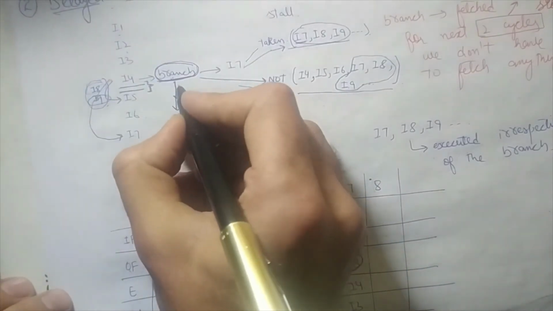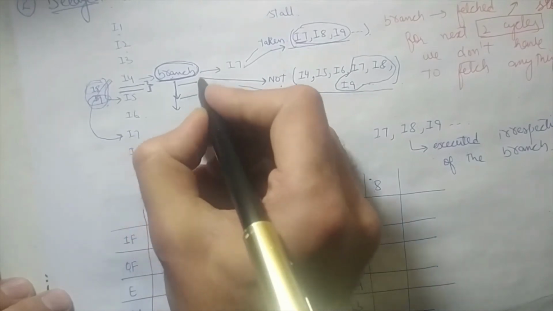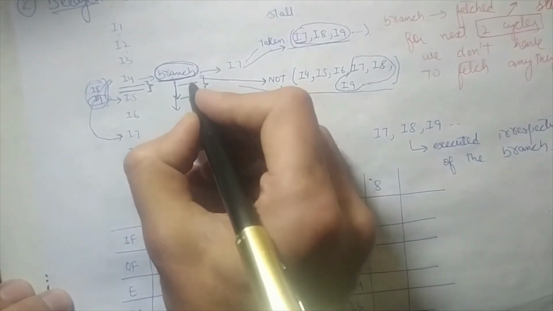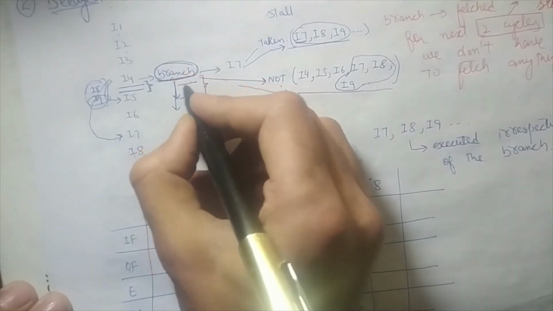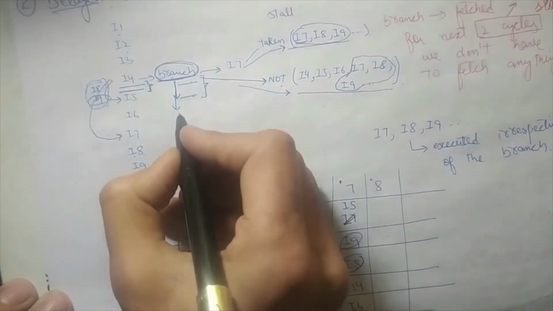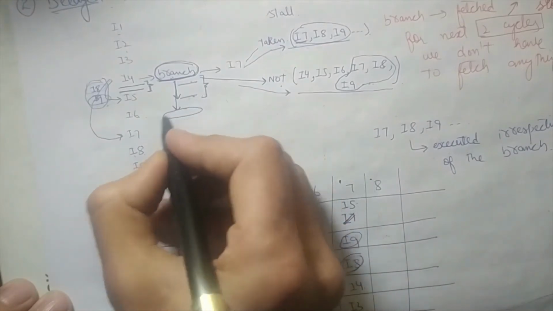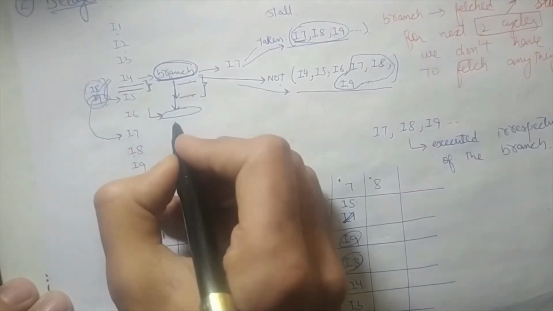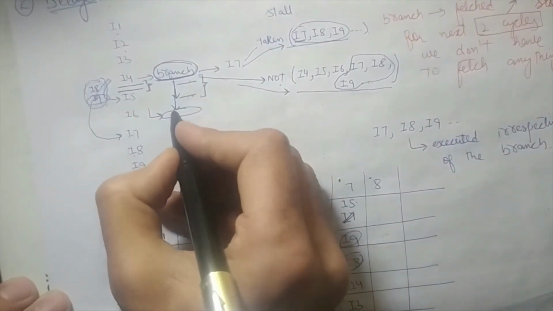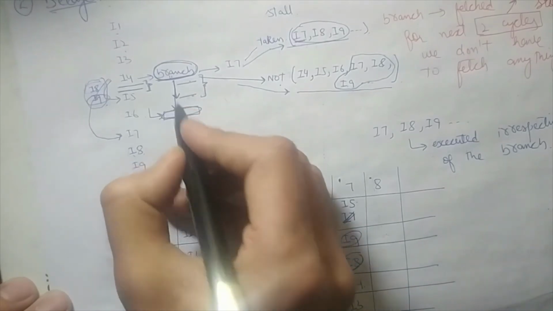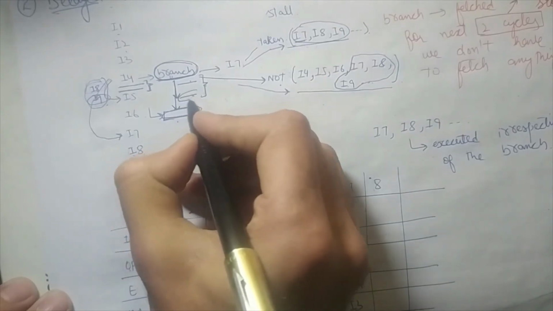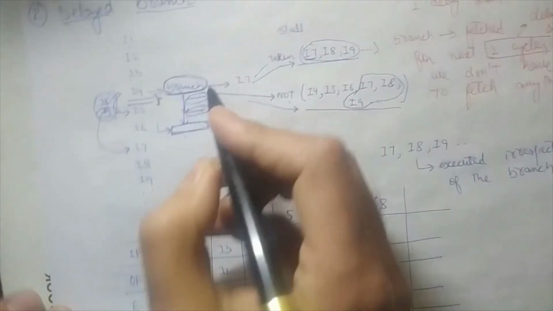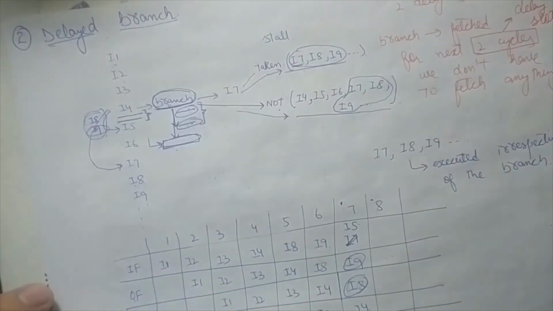We are saying that let's execute some other instructions. Those two instructions should be independent of the outcome of this branch. So we are delaying the execution of the outcome of this branch, or we can say we are delaying the instruction that should be executed. We are executing that particular instruction after these two instructions. So that is why this solution is called a delayed branch.